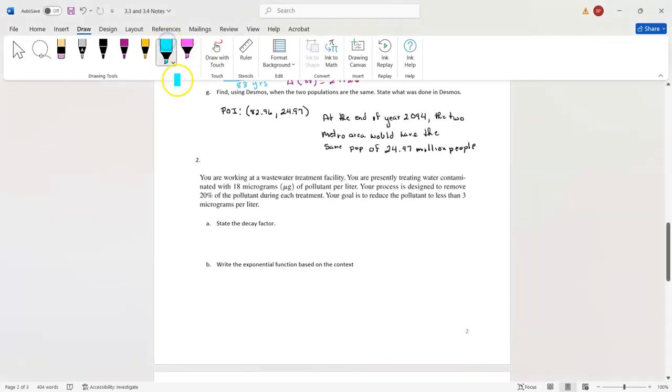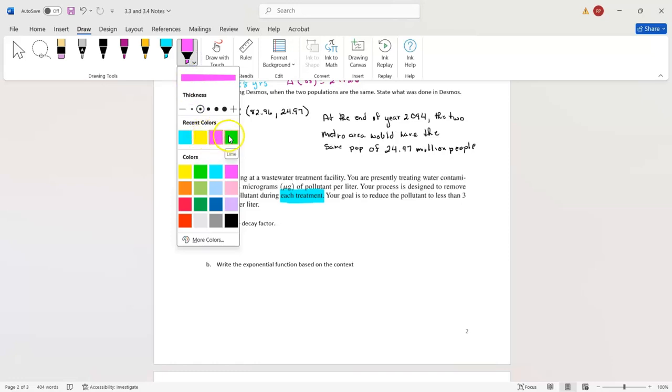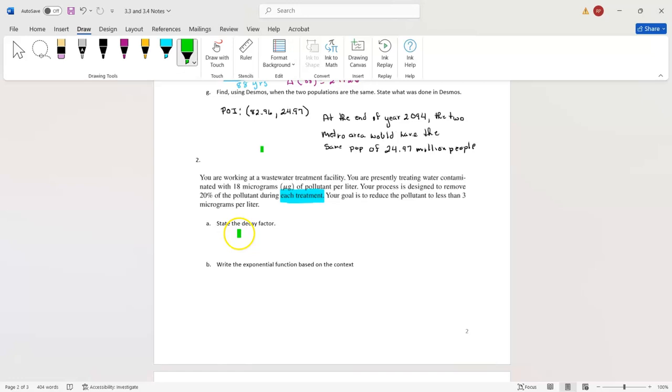And so as we're thinking about what's happening, each treatment is our input because that's happening per treatment. And then our output is going to be the pollutants. So we see that they are in micrograms.